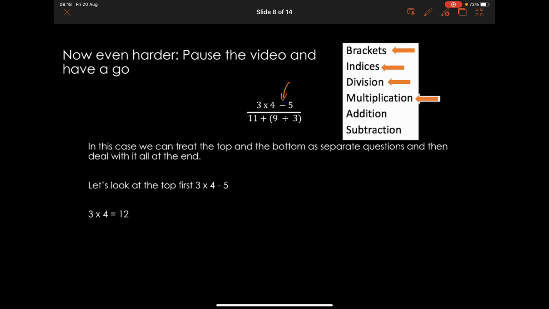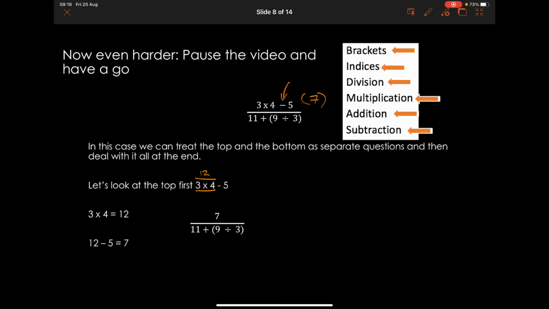So we have 3 times 4, which is 12. So then we've got no addition, so we've just got this 12 here. This becomes 12. So we're just going to do the subtraction. 12 take away 5, which is 7. So we know 7 now goes on the top. I'm just going to leave that there for a minute.